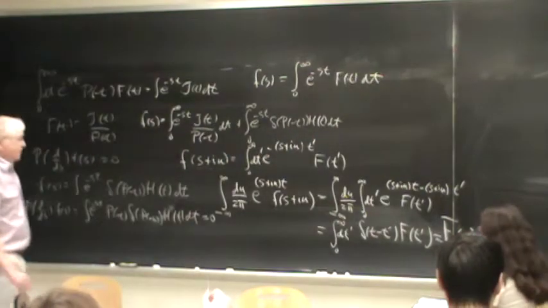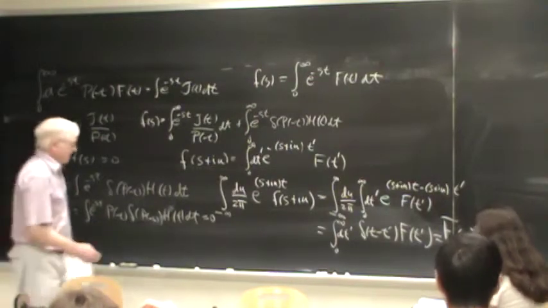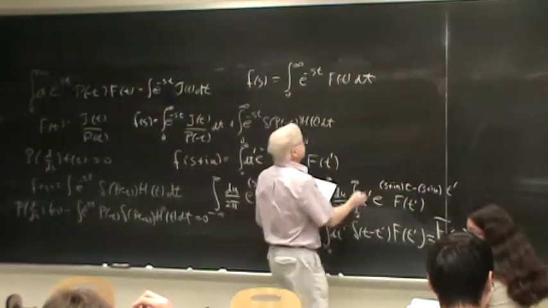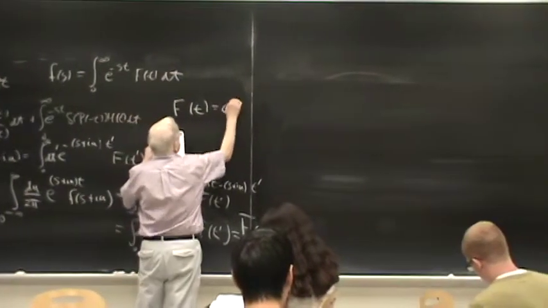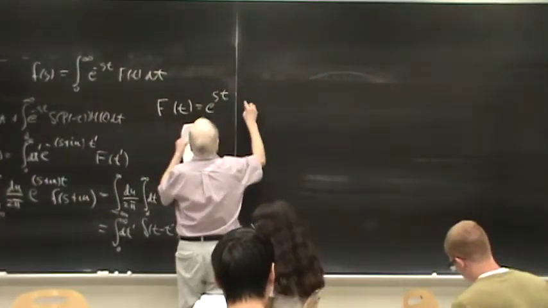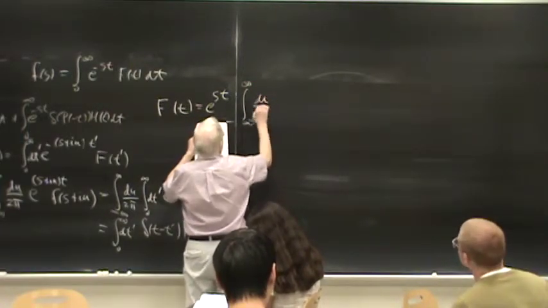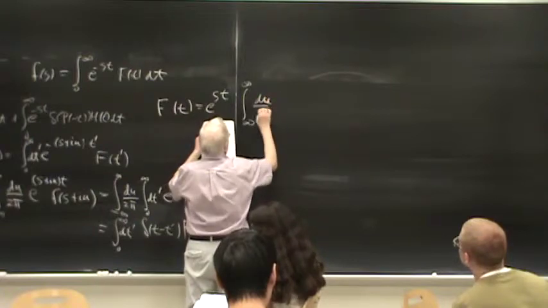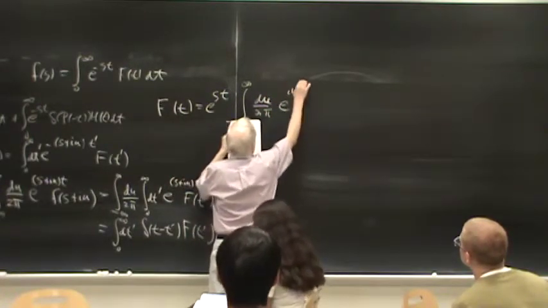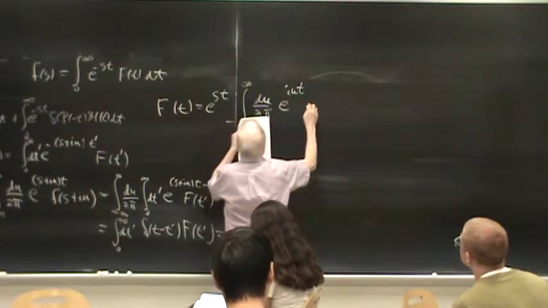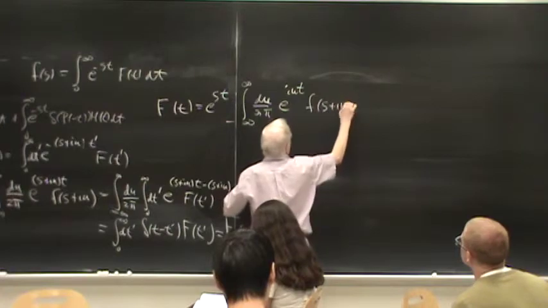Okay, so this is the desired formula. In other words, f of t, the inverse Laplace transform, is e to the st, integral from minus infinity to plus infinity du over 2 pi, e to the iut f of s plus iu.